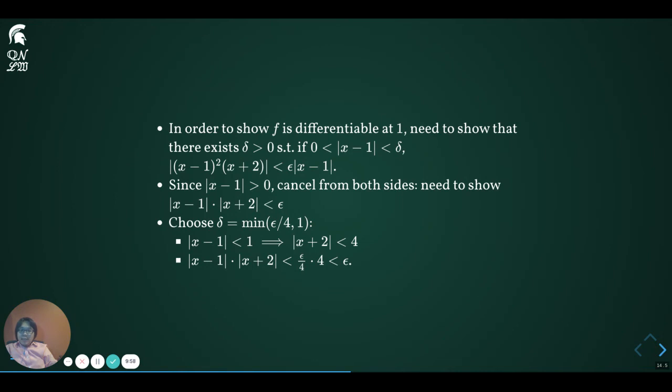And if we use that absolute value of x minus 1 is also less than epsilon over 4, we can conclude that the product has to be less than epsilon. And since our earlier reductions show that once we prove this inequality, we are done, this is enough to conclude that the function f is differentiable at 1 with derivative 3.